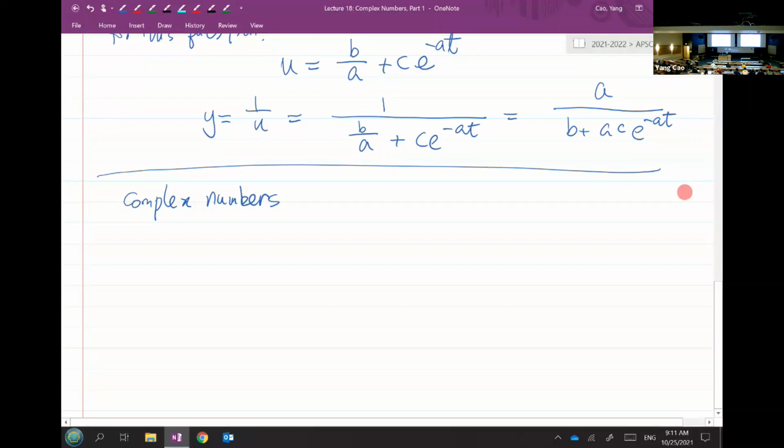So, complex number. First, let's get a definition here. We use a Z to represent a complex number, a plus jb or a plus ib. This is how you write a complex number.